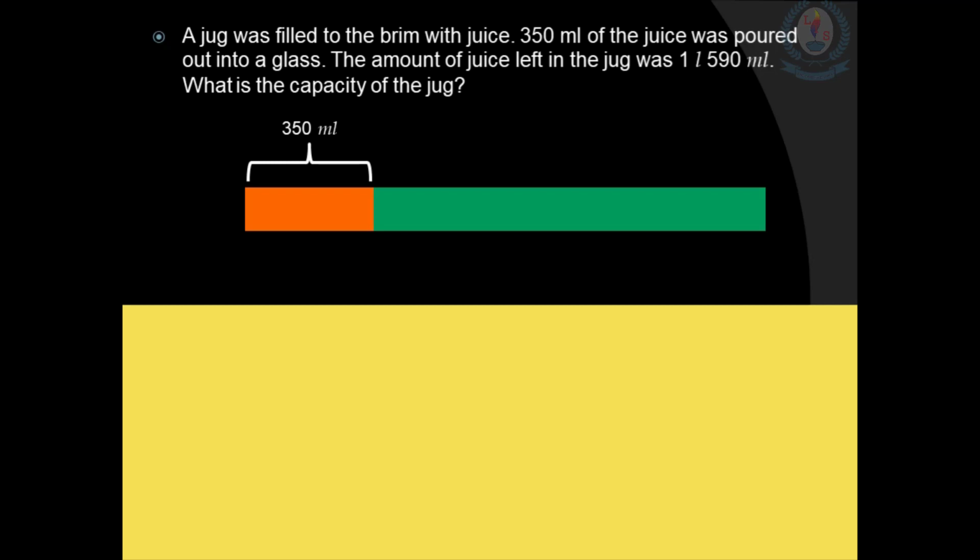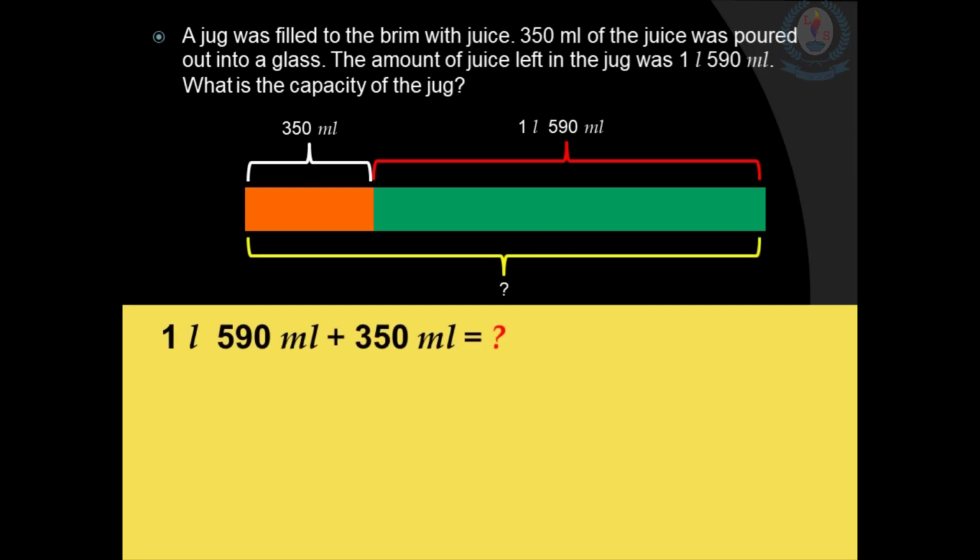The green bar represents the amount of juice which is left in the jug. It is 1 liter 590 milliliters. So, let's find the total capacity of the jug.